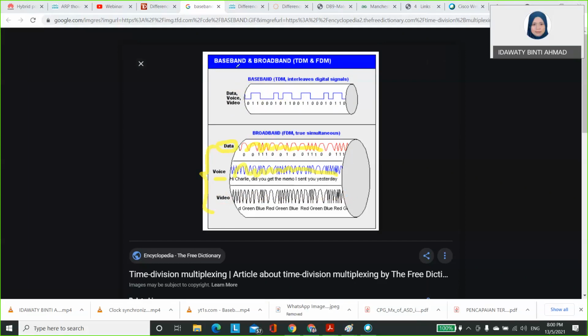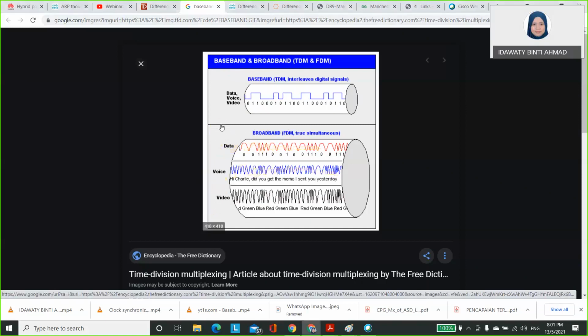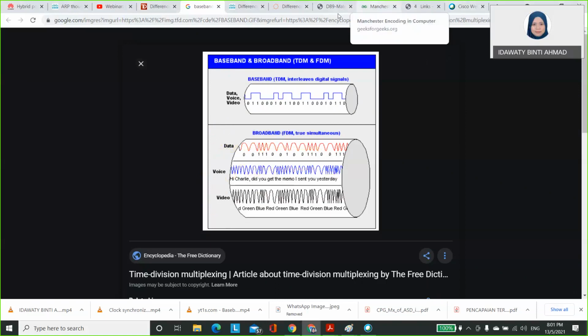But for baseband, which is used by Ethernet, you use only one frequency. Because broadband shares multiple frequencies, you can use FDM, frequency division multiplexing, in order to multiplex and demultiplex your frequencies. And for baseband in Ethernet, you can multiplex all these signals by using time division multiplexing.